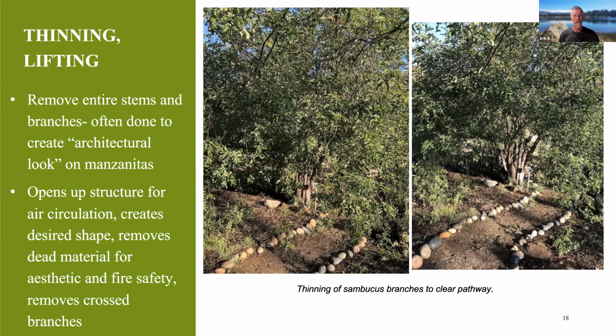Okay. Bending and lifting. This is kind of hard to tell, but this is a Sambucus in our demonstration garden. If you're walking on this path, you would have had to duck, do a lot of ducking. You can see there's a lot of stuff here.